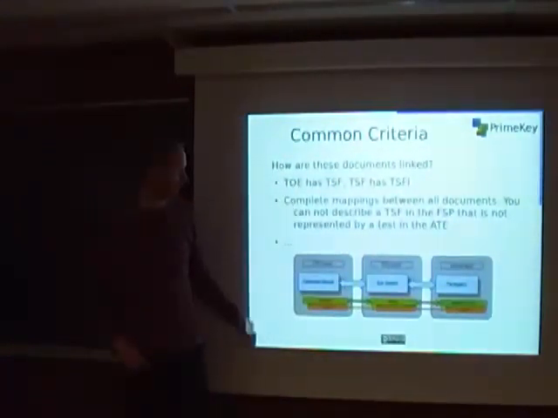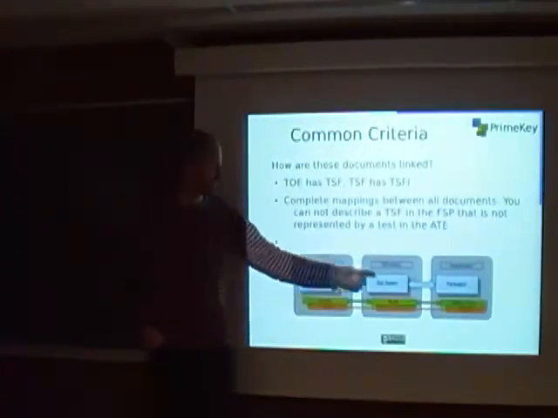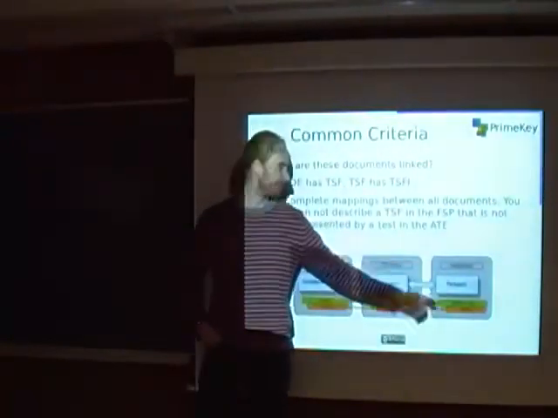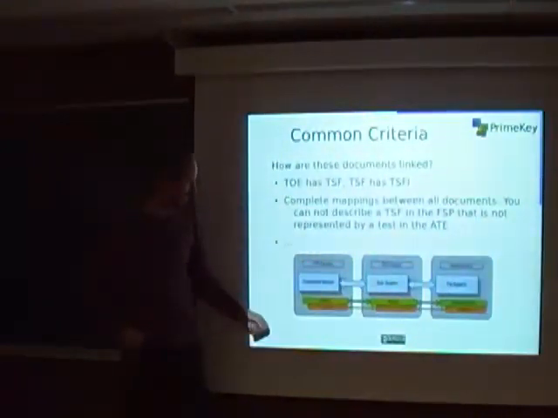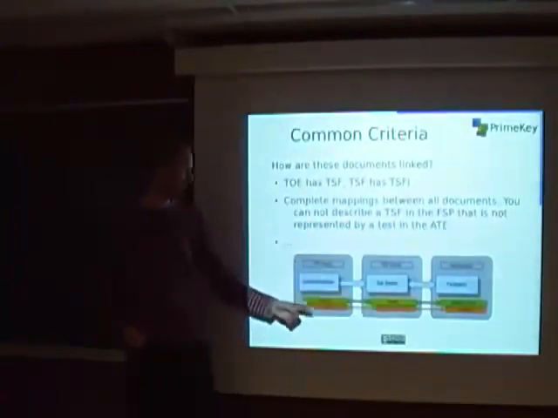And to make it more confusing, they actually call things differently in different documents. In the function specification you have something called a functional module, but in the design specification it's called a subsystem, and in the implementation, well, we use Java, so it corresponds to a Java package. In the function specification you have an interface, but in the design specification it's called a module, but in the function specification this one was called a module.